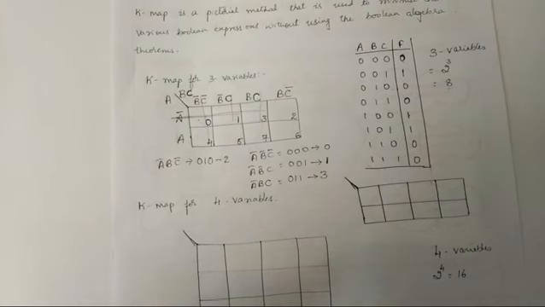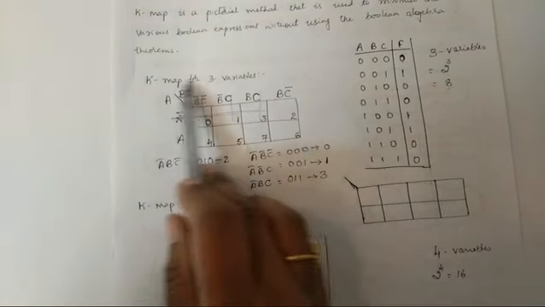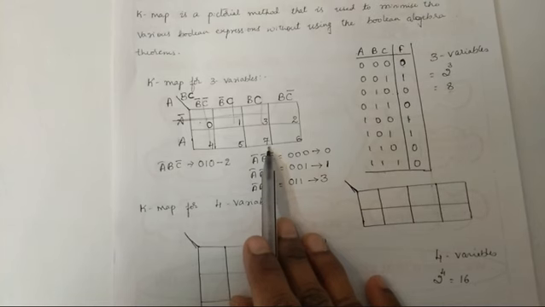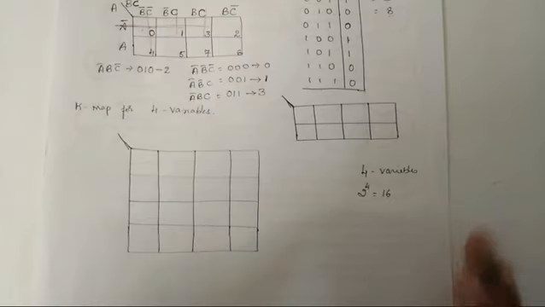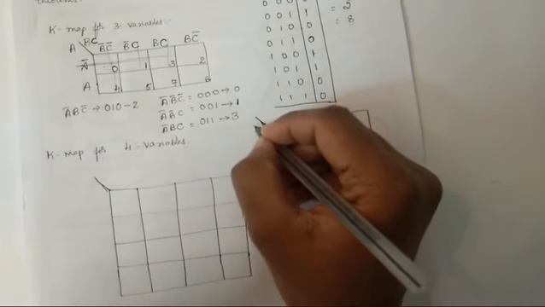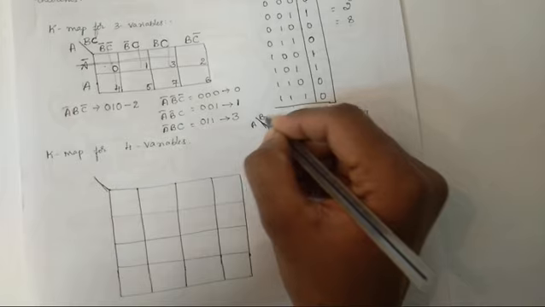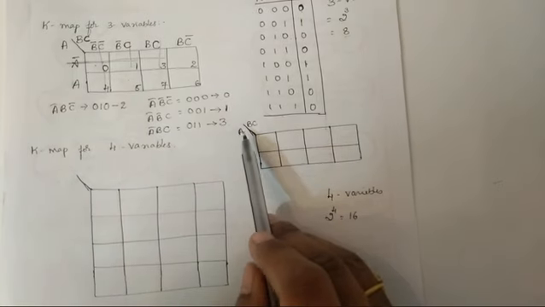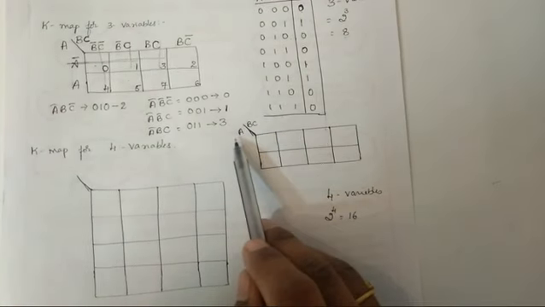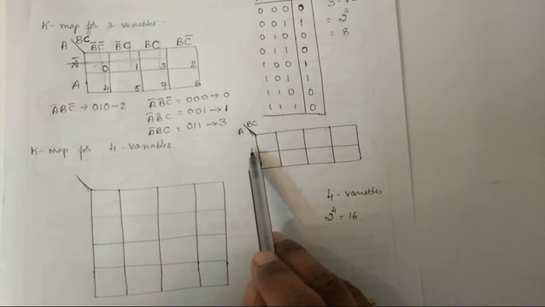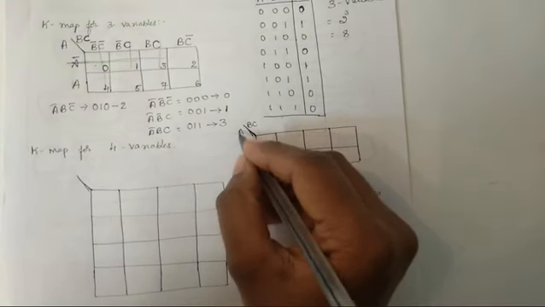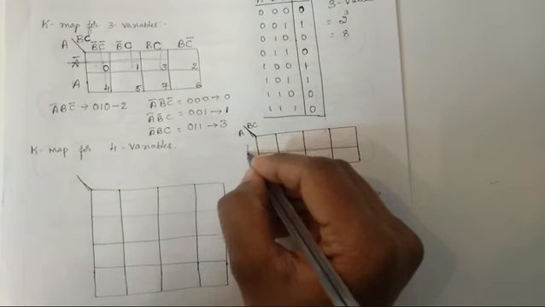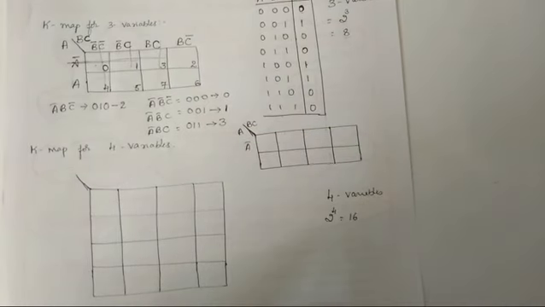So we can take this as the skeleton of the K map for 3 variables. Now let me recall the same by entering all the details in one more K map. I have taken the variables as A, B, C. Since we always start with 0, I'll write A bar.